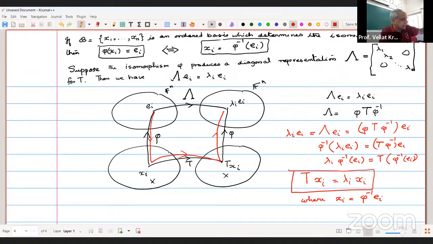Now, what is this? Suppose the representation is diagonal given by lambda. Then you see that the action of T on each xi amounts to just scalar multiplication. This is a special vector.